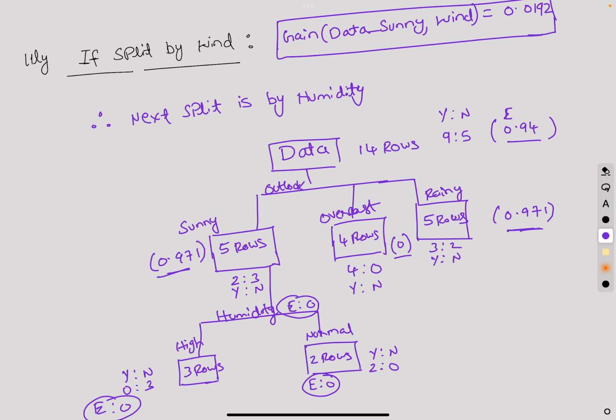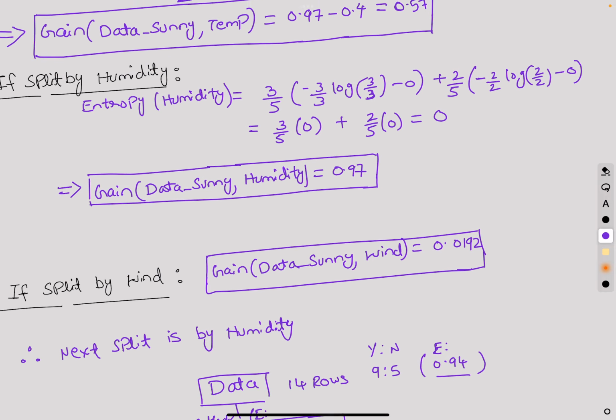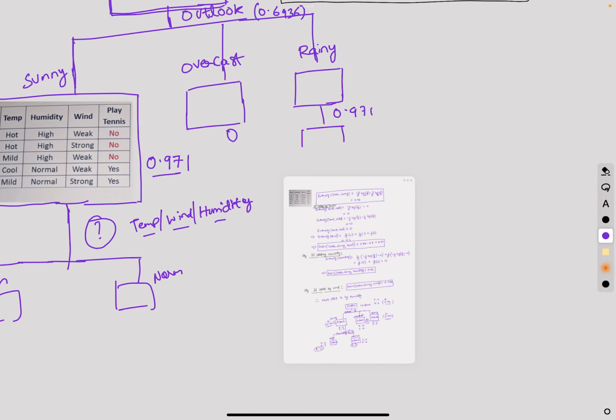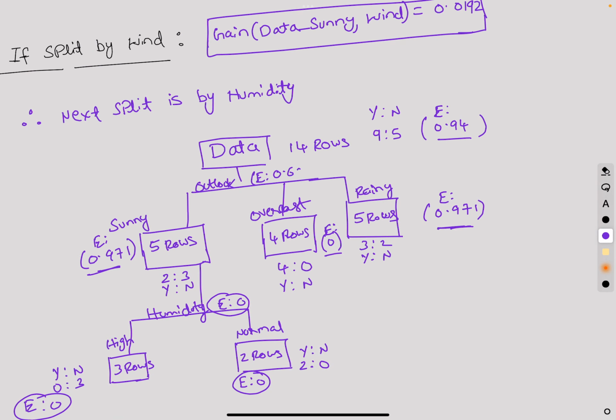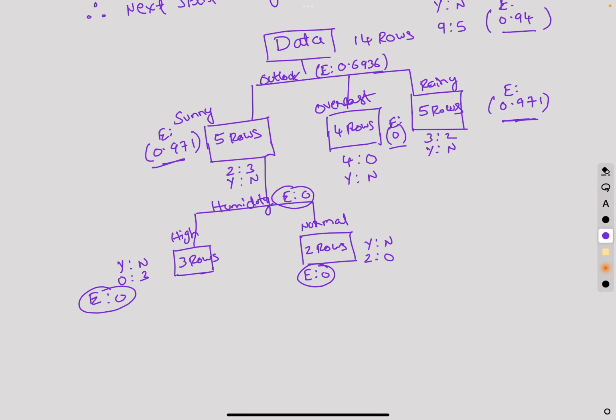This is the entropy. Entropy at the outlook level, as per this, it is 0.693936. All right, so this is how it is.